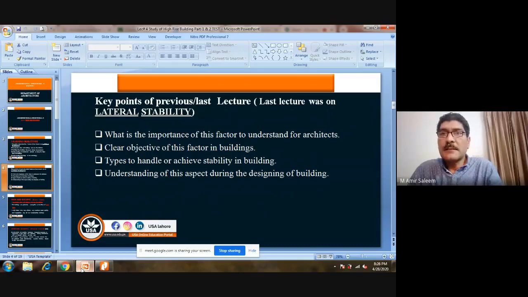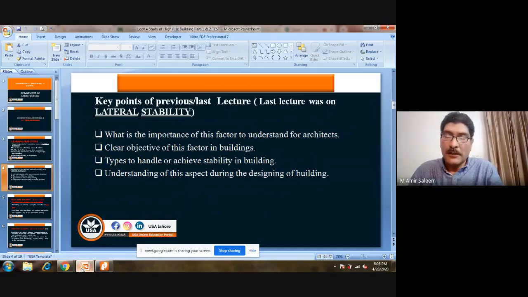If the structure is really based on lateral stability, the structure will remain stable. Secondly, when we go for the high-rise building, there are dynamic loads.